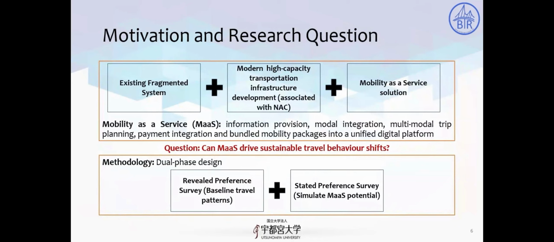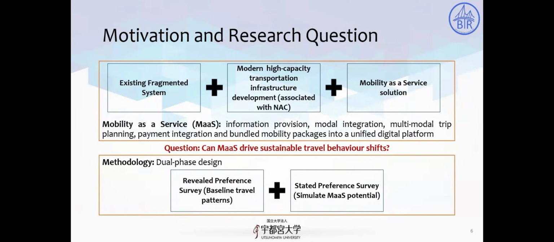This led to another question, which is basically the core of these studies. Can this fragmented existing system of public transportation, along with the new set of modern high-capacity transportation infrastructure under development, along with a layer of mobility as a service solution, where you basically have information provisioning, modal integration, and multimodal trip planning, can this combination really drive sustainable travel behavior with people?